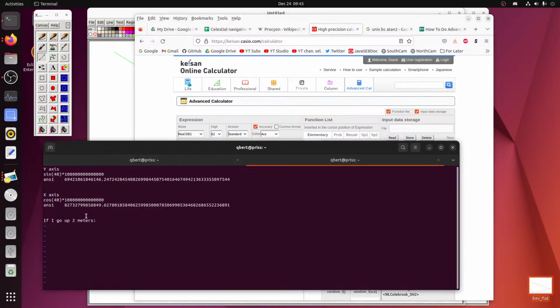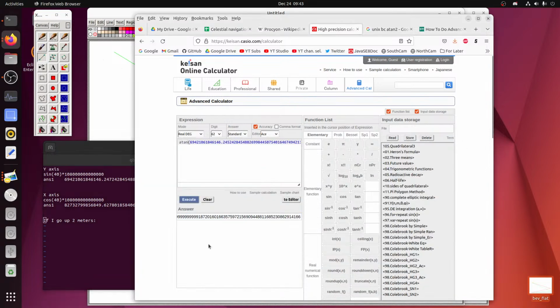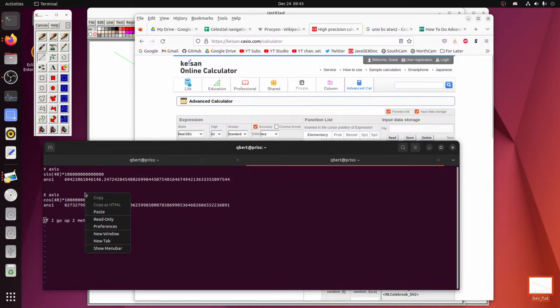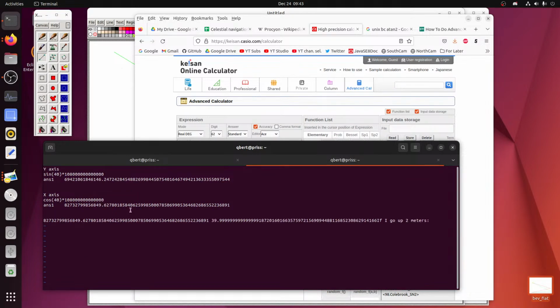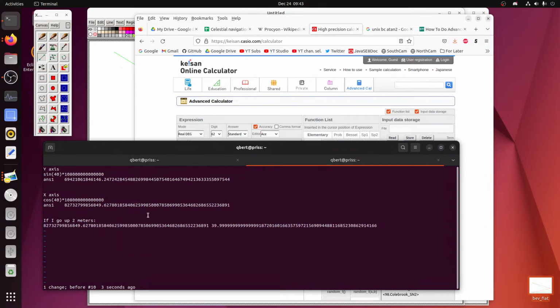I got to get a slightly better. Oh, come on. How many times do I have to do this? Let's try it this way. Paste. Oh, we'll get there.